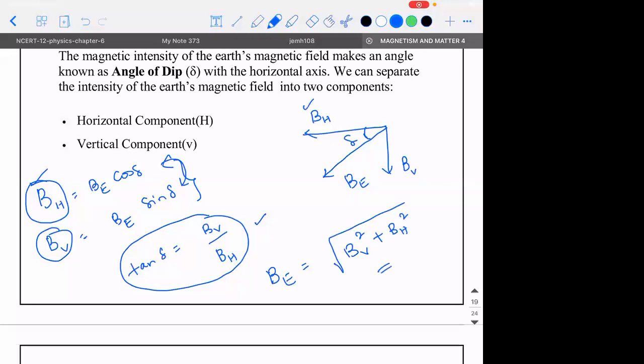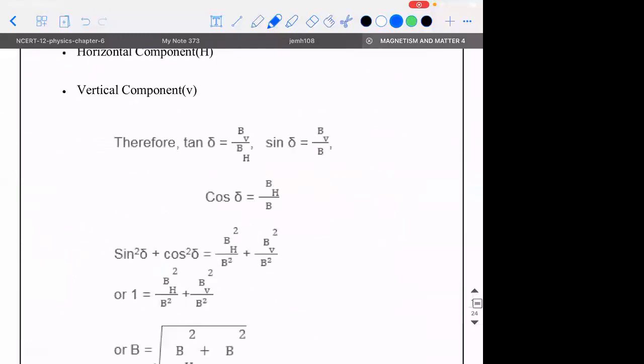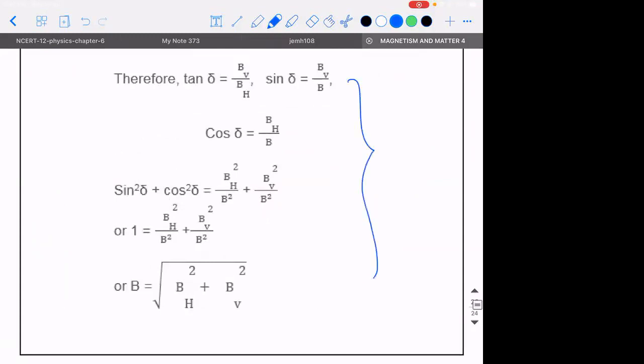When you apply the parallelogram law of vectors, since the horizontal and the vertical are perpendicular, the resultant will be root of A square plus B square, that is BV square plus BH square. So these are all the formulae related to the Earth's magnetic field.